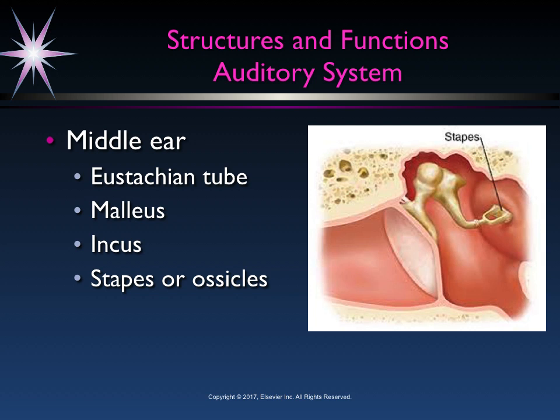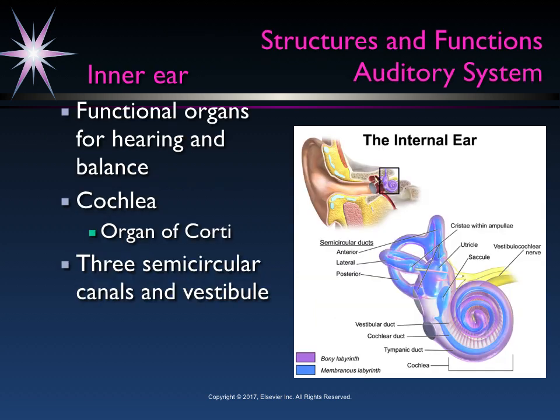So these bones somewhat resemble those things outside of the body. In the inner ear is the functional organ for hearing and balance. It comprises a bony labyrinth, or a labyrinth is this circular maze surrounding a membrane.